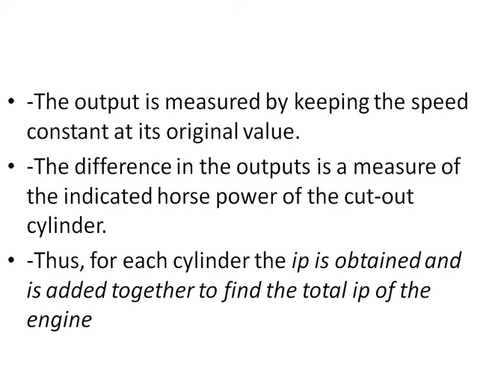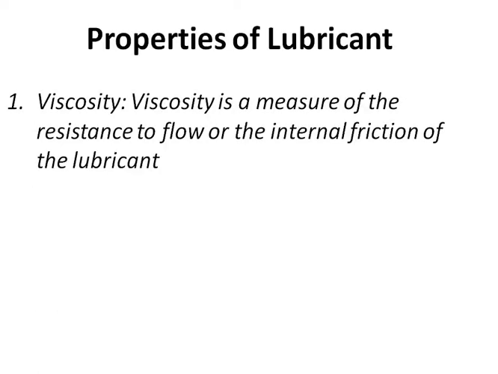Then we take the difference between the total indicated power and that of the rest 3 cylinders, which gives the indicated power of the first cylinder. Thus, for each cylinder, the IP is obtained and they are added together to find the total IP of the engine.